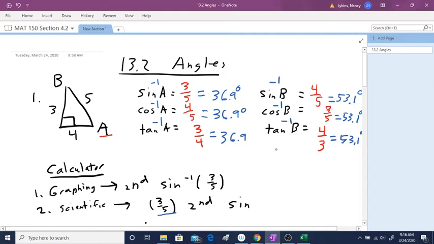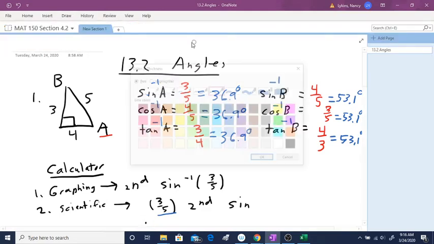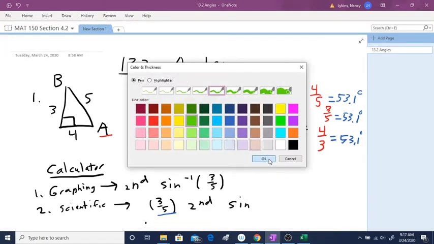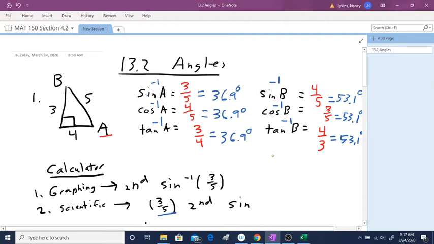Now, as we're working at this, all of your A's should be the same measurement, as well as your angle B's. Now, notice something as we're concluding, trying to figure out these angle measurements.